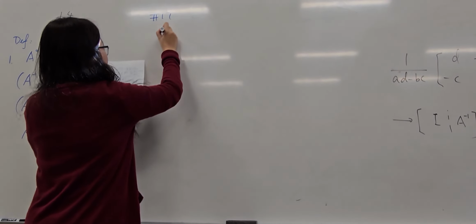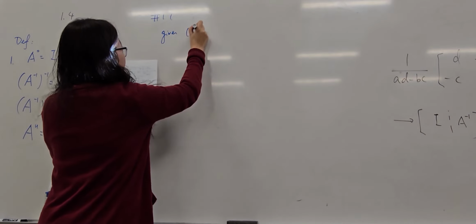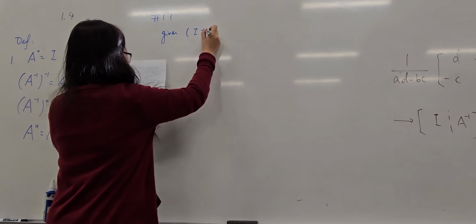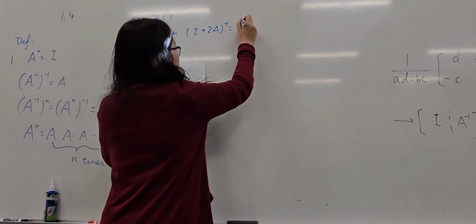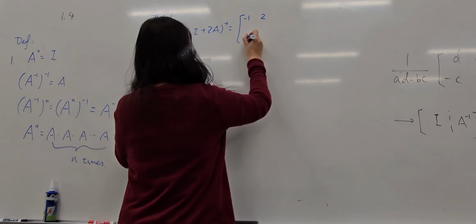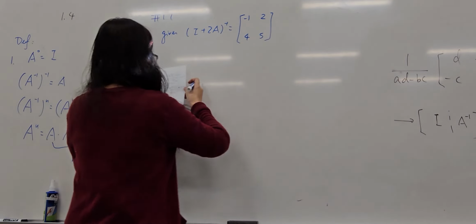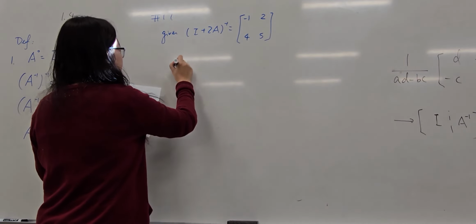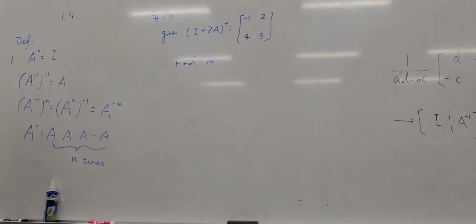They said you are given I plus 2A inverse equals negative 1, 2, 4, 5. Okay? They want to find A.